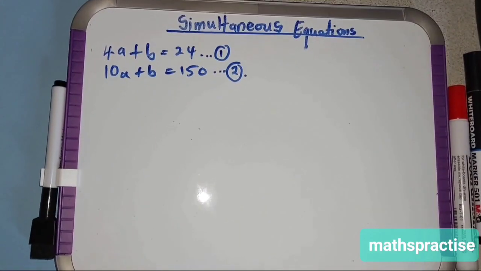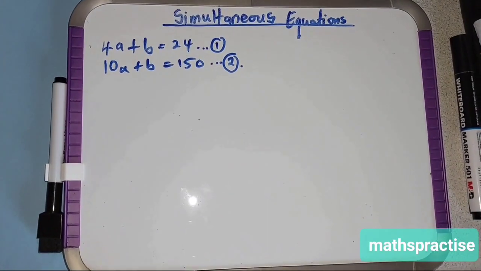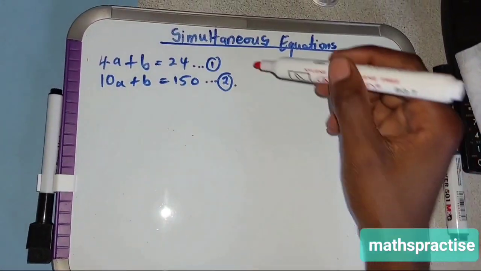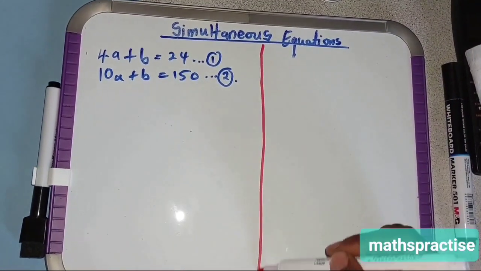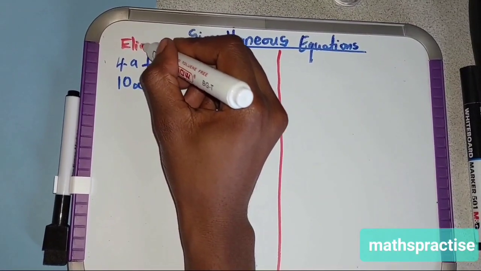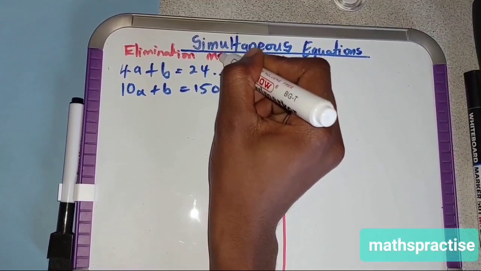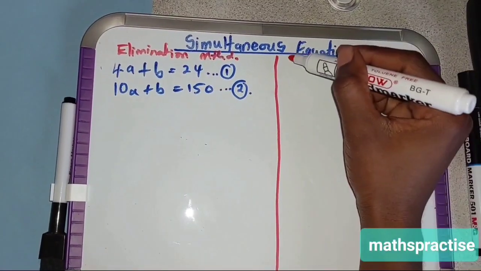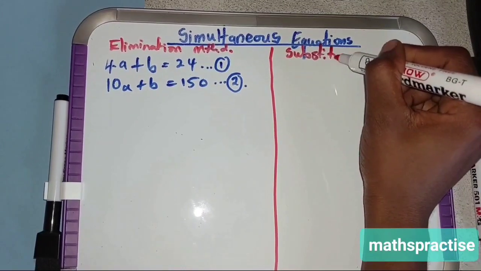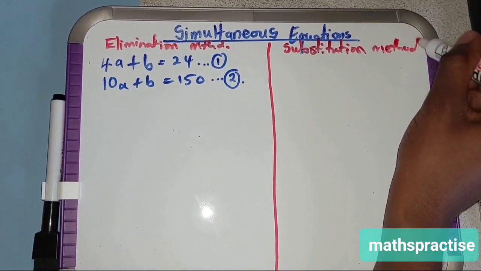In this example, we are going to work it in two different methods, the elimination and the substitution. So on this side we're going to use the elimination method, and on this side we'll use the substitution method.